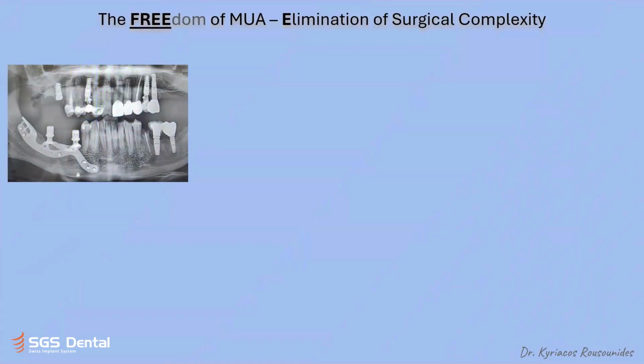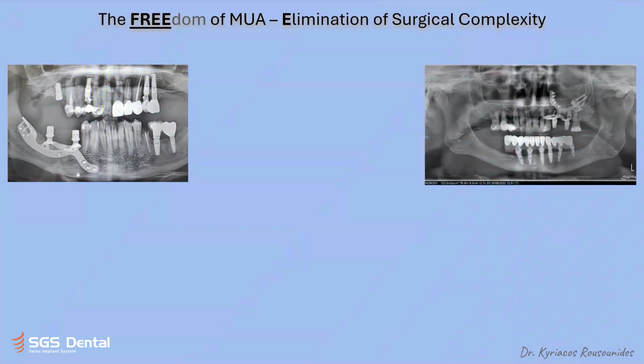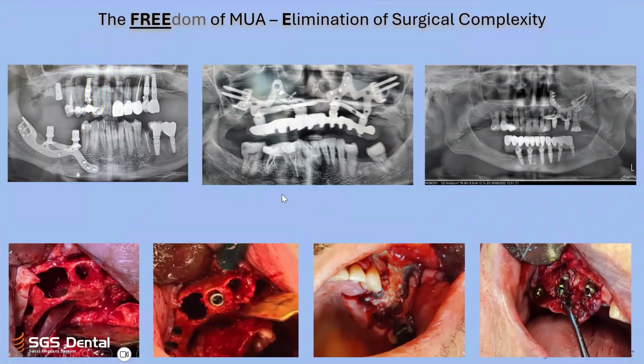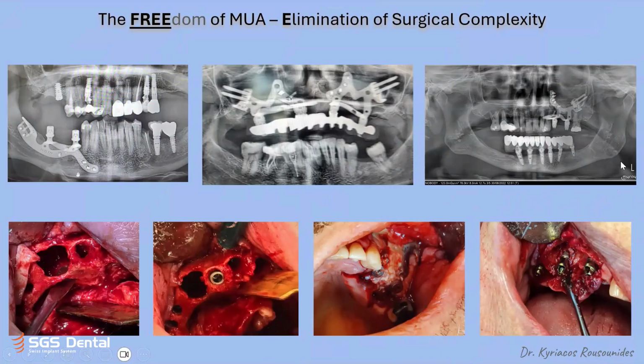also we've tried during the time to find other solutions like the subperiosteal implants. These are my first subperiosteal implants in the upper, in full, and in the lower jaw. Very, very complicated, very, very costly therapies. Some of them we already removed a part of it.